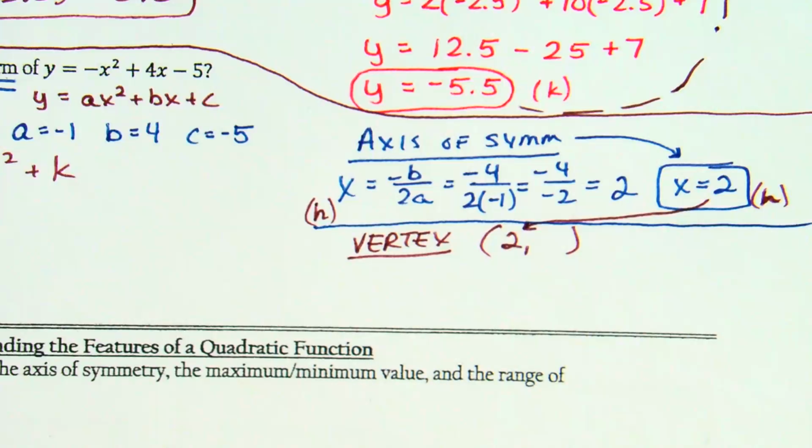The original equation. So, it's negative x squared, which means the negative of 2 squared, plus 4 times 2 minus 5.